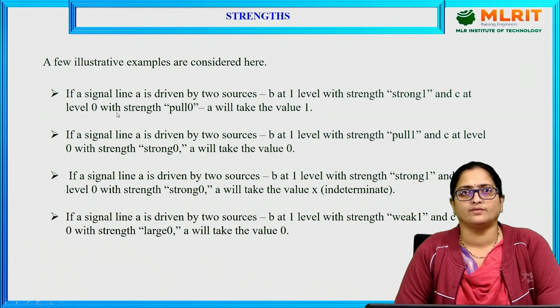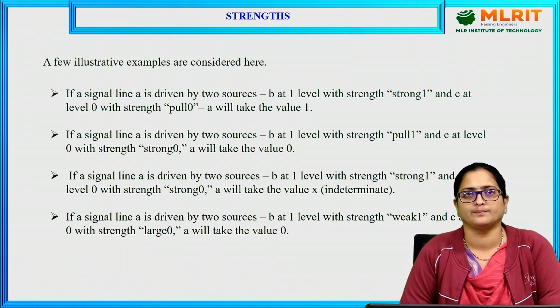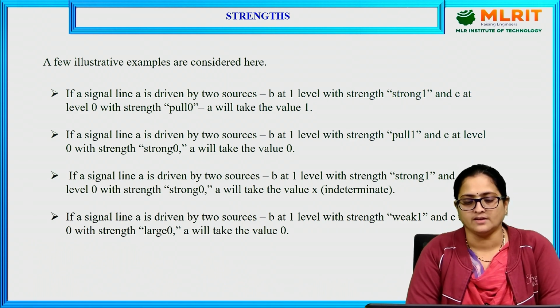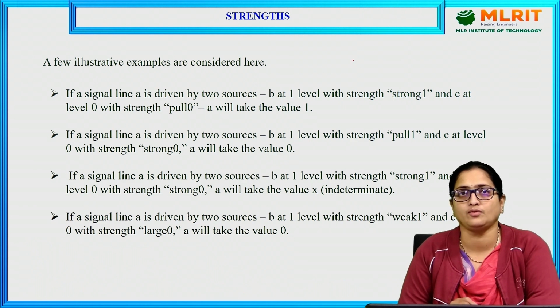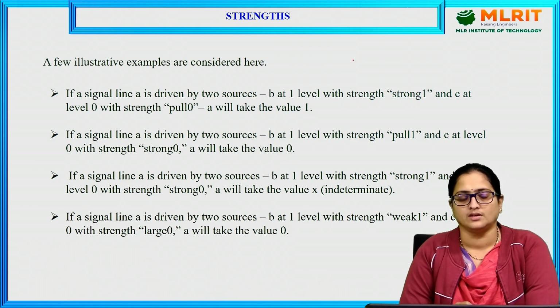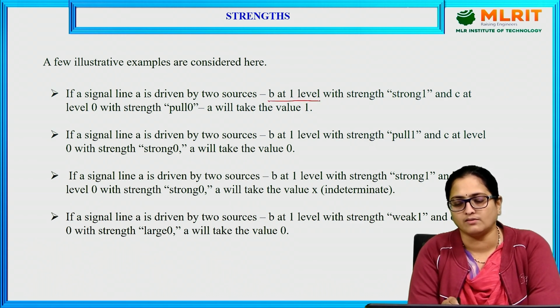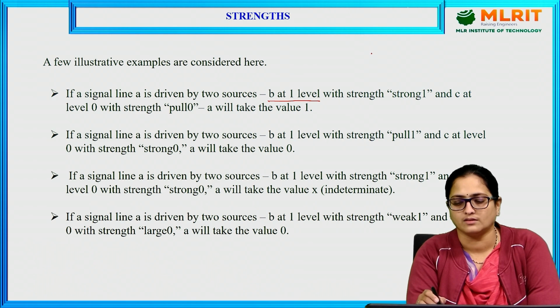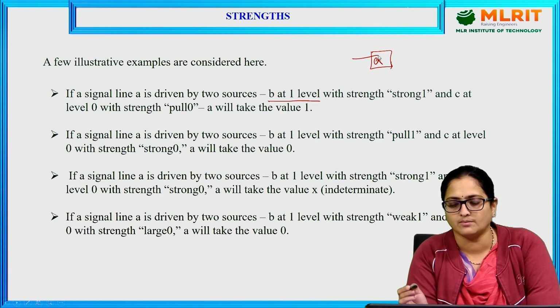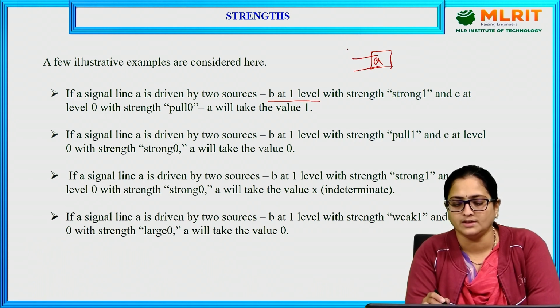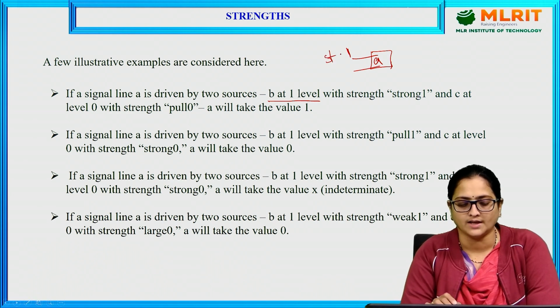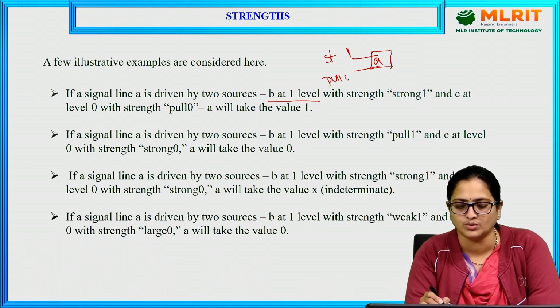Next, a few examples are illustrated here. If a signal line A is driven by two sources, let us assume A has B and C. B is at level 1 with a strong 1, and C is given with the pull 0.